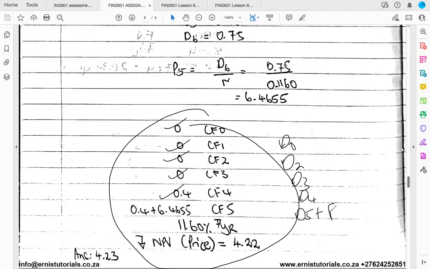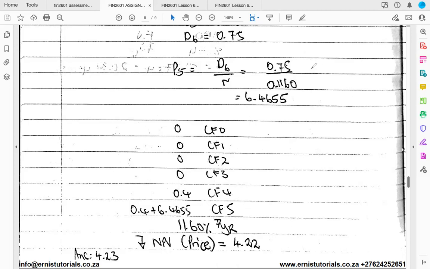And then D5 plus P5 corresponds to CF5. Then we use an 11.6% discount rate, and we get 4.22. Okay, so that's another type of example of a question you are likely to encounter as you do share valuation.